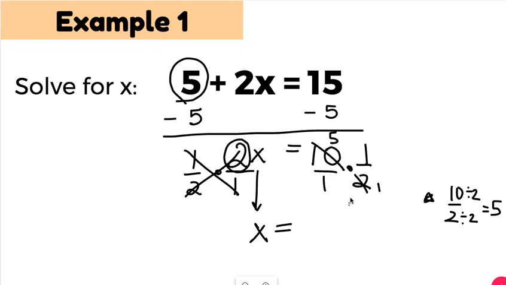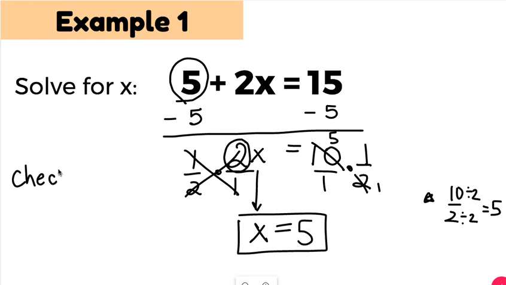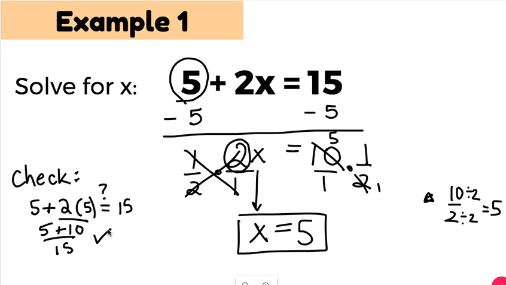And then I end up with 5 over 1, which is just 5. To check this, I'm going to substitute a 5 in for my x. So 5 plus 2 times 5, does it equal 15? Do my multiplication first. I get 5 plus 10. 5 plus 10 does equal 15.